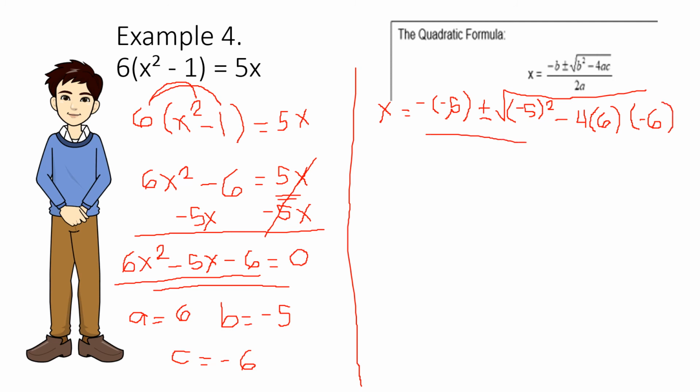All over 2 times the value of letter A, which is 6. We have 2 times 6. And let's proceed now. Simplify na natin.